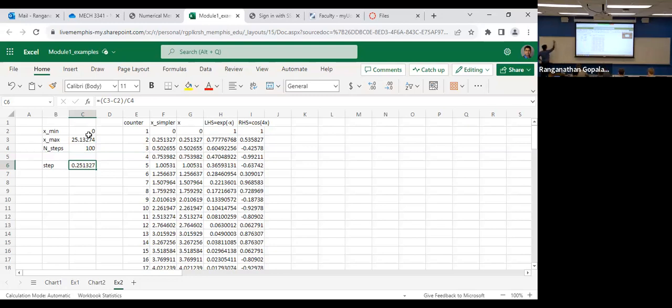So in this case, for example, we are solving exponent of minus x equals cosine of 4x. And our step length is in the range of 0 to 8 pi.